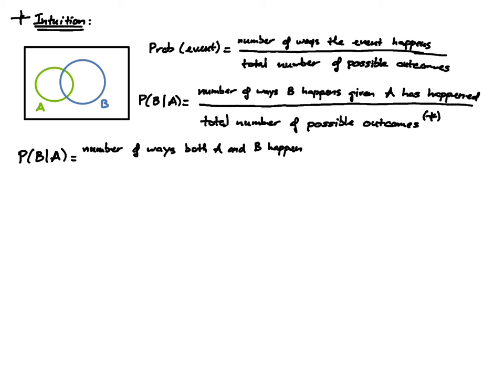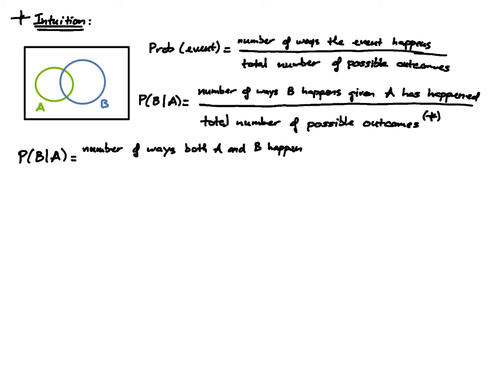Let's think about this for a second. We know that A has happened and we want B to also happen. That can only occur in sample points such that both A and B happen, which is the number of ways both A and B happen.